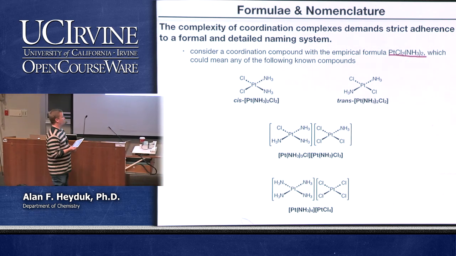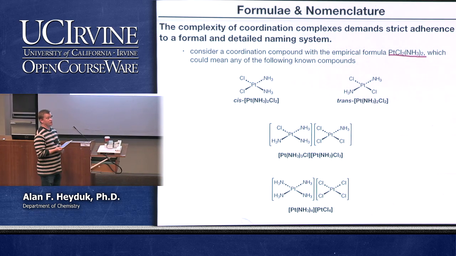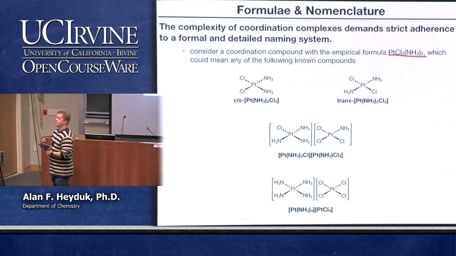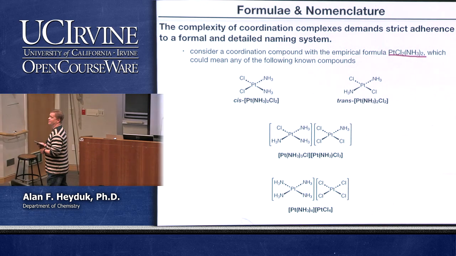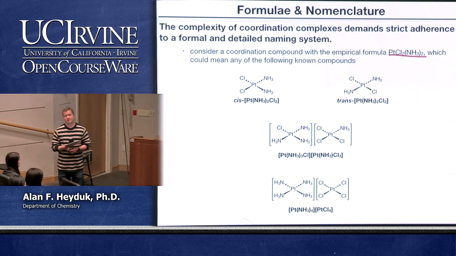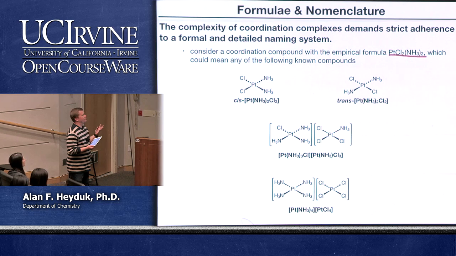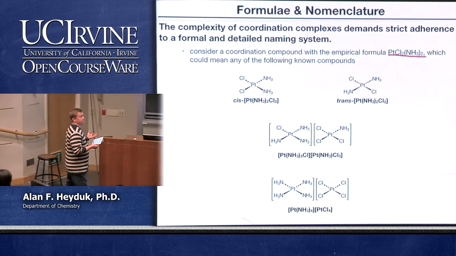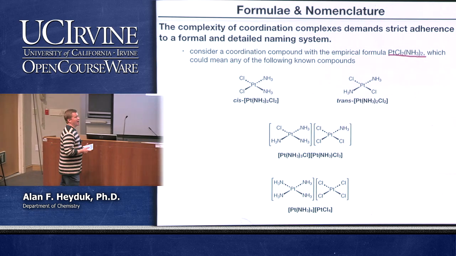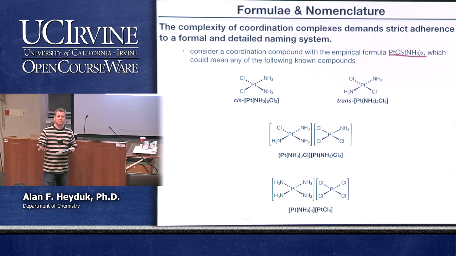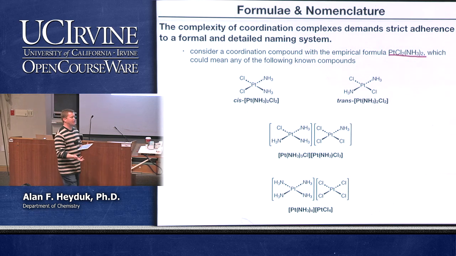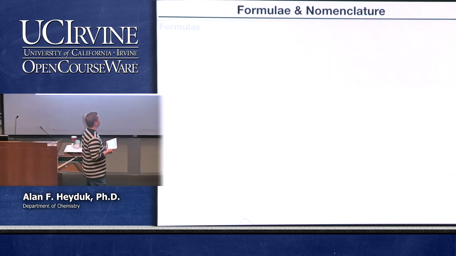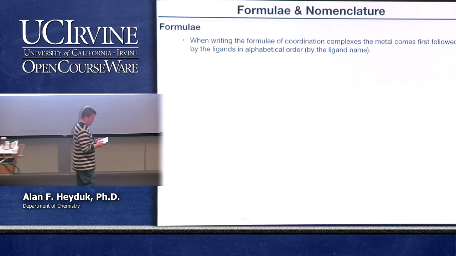We could put all 4 ammonias on one platinum and 4 chlorides on the other. The platinum with 4 ammonias is +2. It's a dication. The platinum with 4 chlorides is a dianion. So we have to have ways to name each one of these different isomers and identify them so that when I give you the name of a platinum compound containing 2 chlorides and 2 ammonias, you know what I'm talking about.